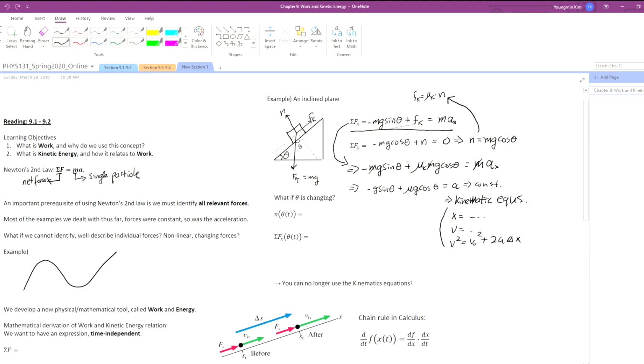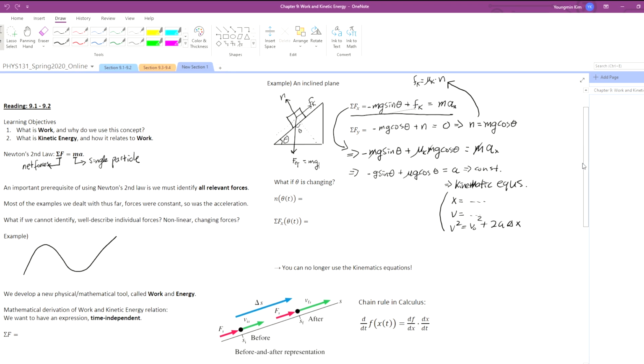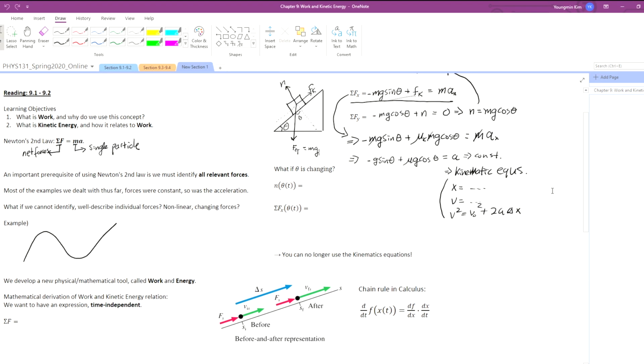Now, the situation could be that what if theta is changing? What if the forces are no longer constant forces? Then you will have the normal force that is changing, perhaps in time. And hence the normal force is a non-constant force. Your sum of forces will also be a non-constant force.